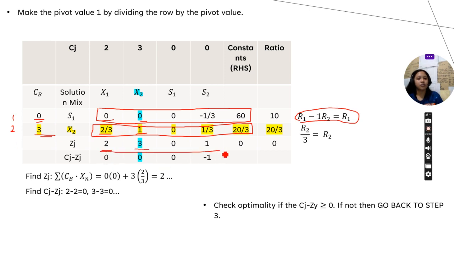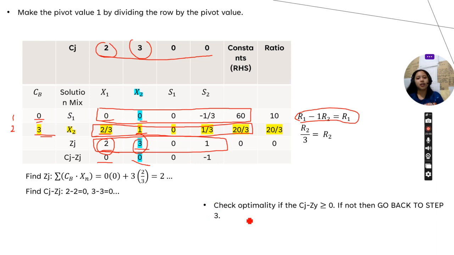We get these values. To get the Cj, 2, this is the value of Cj. So 2 minus 2 is 0. Then 2 minus 3, and so on.